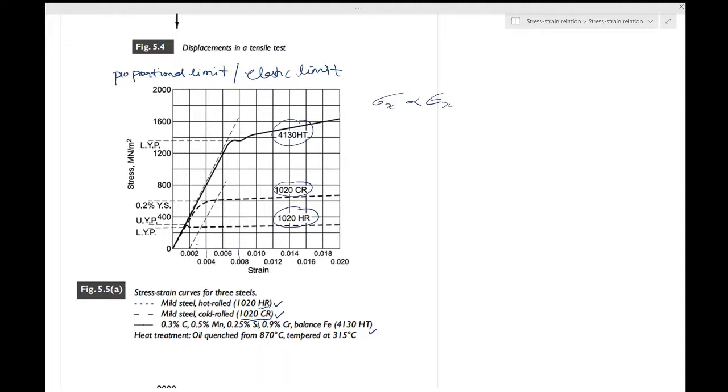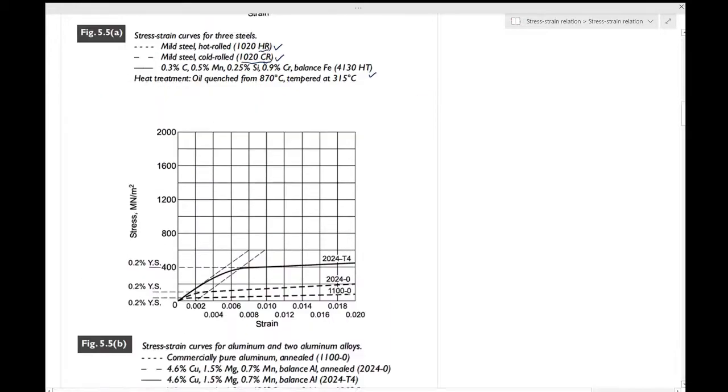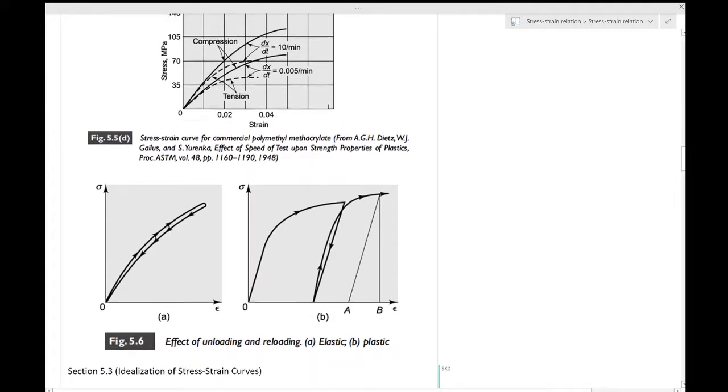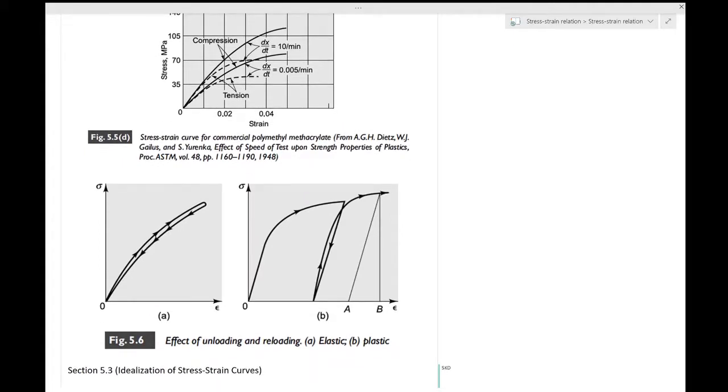So let's first go ahead to figure 5.6, starting with 5.6a. As you see, this is a stress versus strain graph for a general solid, and it illustrates the loading and unloading behavior of a material which is elastic at stresses greater than the proportional limit.